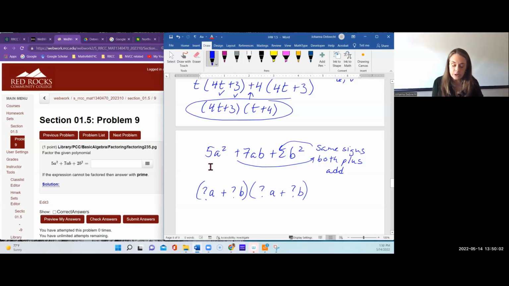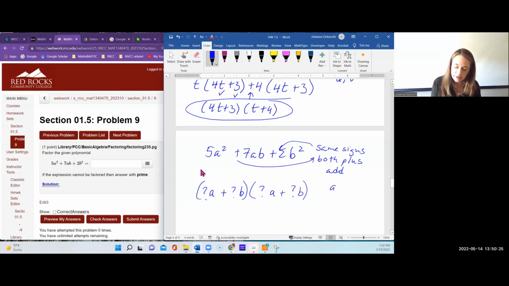Now let's take a look at the numbers and see if we can figure out how to split them up. 5 and 2 are prime, so they can only be 5 and 1 and 2 and 1, which gives us fewer options, but we can always pair the 5 with the 2 and the 1s together, or the 5 with the 1 and the 2 with the 1. So there are options still.